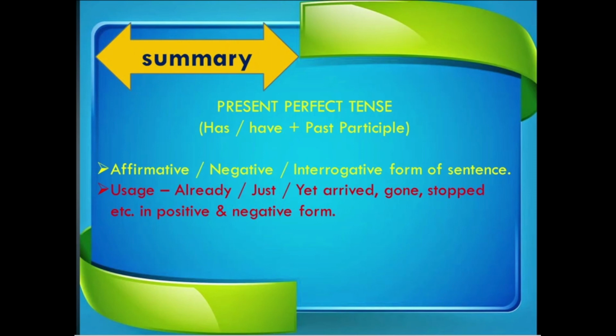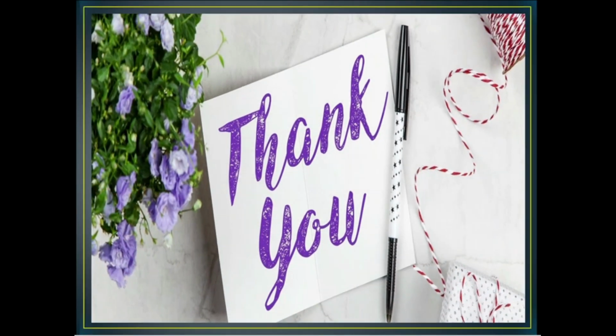So these are again very important. I pointed out that a sentence has affirmative, negative, interrogative forms, and also usage, because as far as spoken English is concerned, these are what we use on a daily basis. So this is in fact my concern. So thank you.